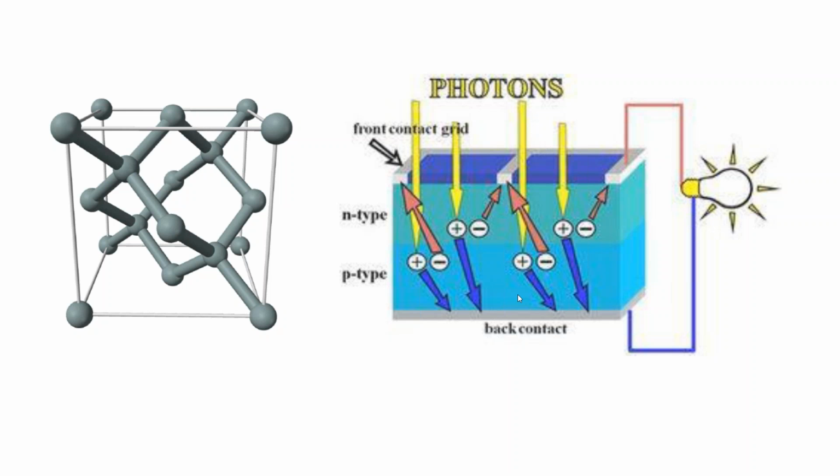Well, to start out with, a solar panel is a semiconductor. And semiconductors conduct electricity under certain conditions and do not conduct electricity under other conditions.